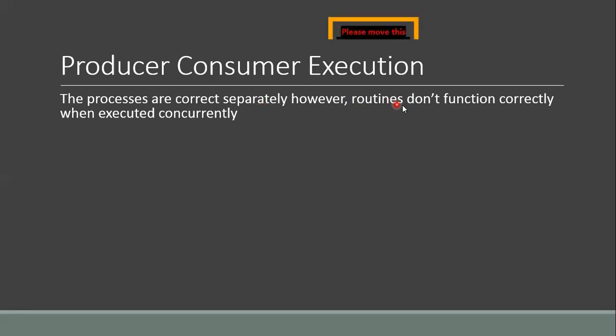However, when these processes are executed concurrently, that is, suppose first we execute the producer process, and while it has not yet completed its execution, we interrupt this process and we give the control to the consumer process.